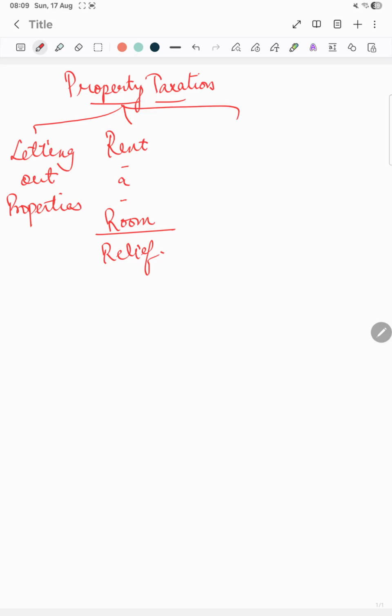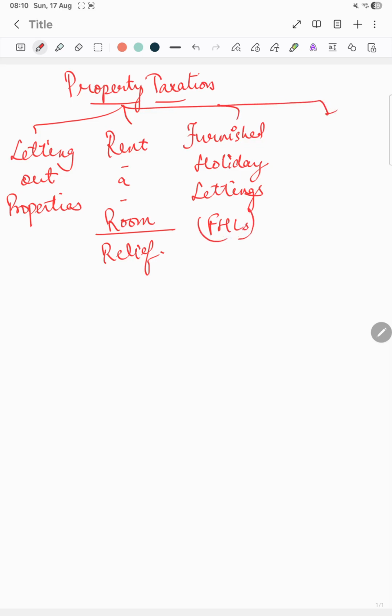Now, this is not a commercial building, but it looks like a residential building, which means holiday accommodations, like the Airbnbs we have these days. So that is called furnished holiday lettings, which is FHLs.